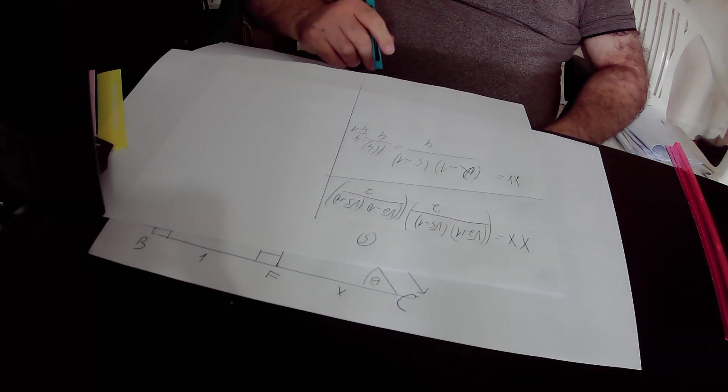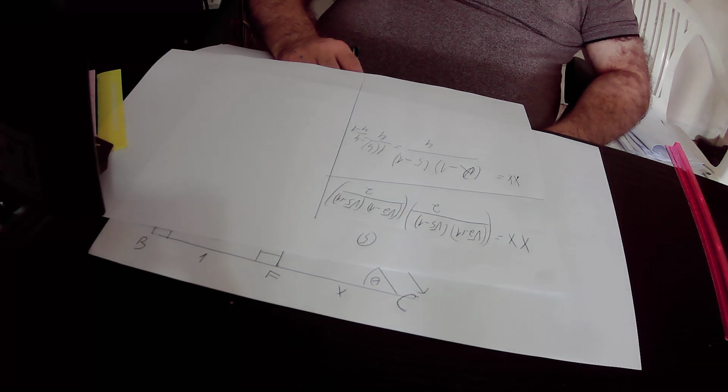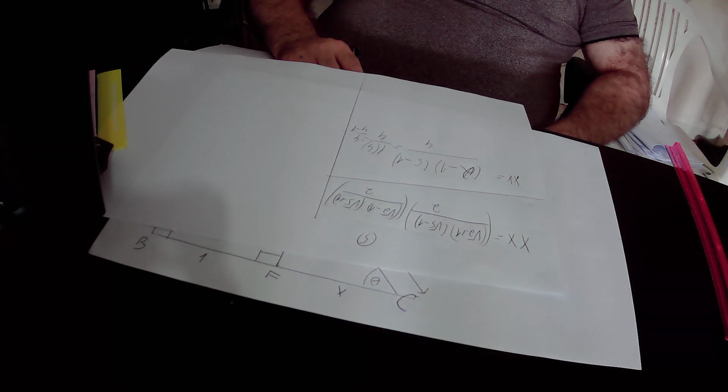So we found out that the multiplication of the two solutions of the quadratic equation gives us 1. It means that the two solutions are inverses of each other. That is to say, if one solution is, for example, 5, then the other one will be 1 over 5.